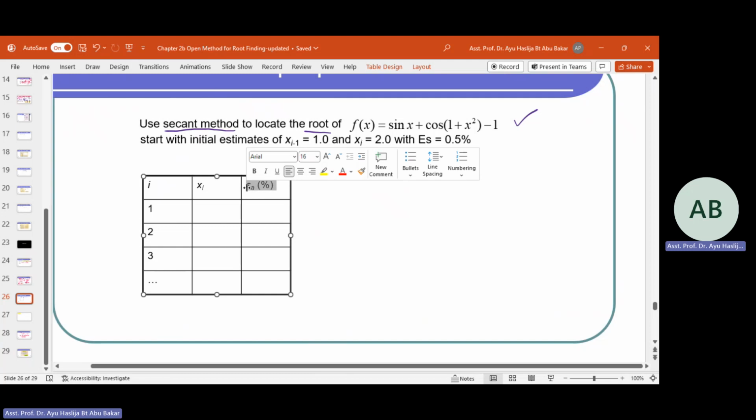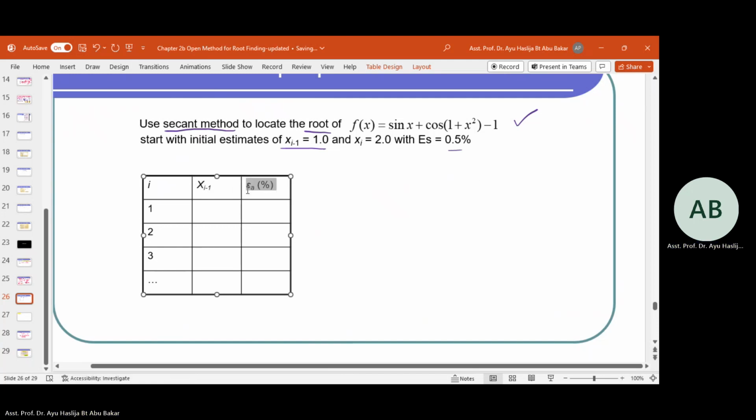Okay, let this one be xi minus 1, xi. Then another column will be your EA. Okay, so we start with the first 2 points.